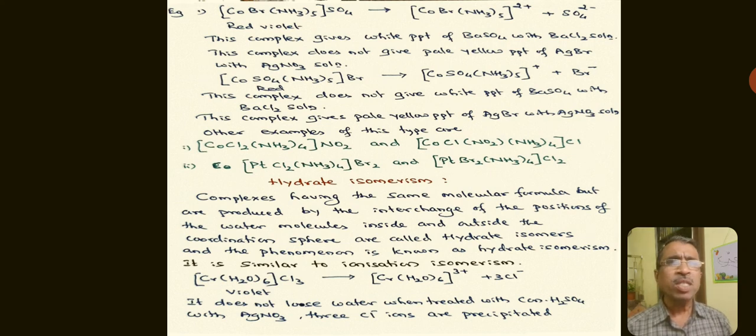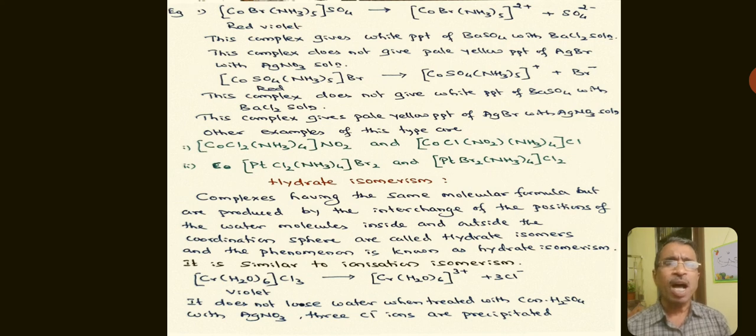However, this complex does not give a pale yellow precipitate of silver bromide with AgNO3 solution, because the bromide is linked directly to the cobalt through a coordinate bond. Therefore, the ions present in the coordination sphere are not going to ionize.